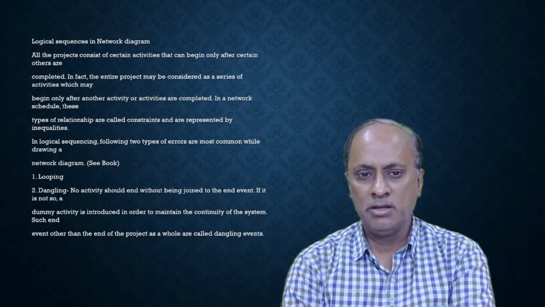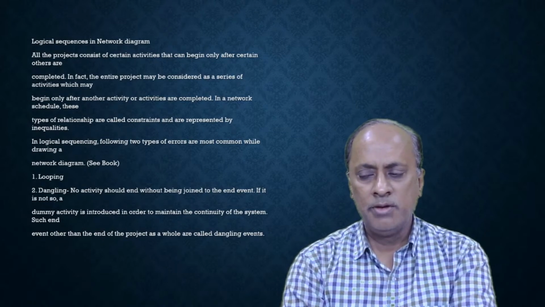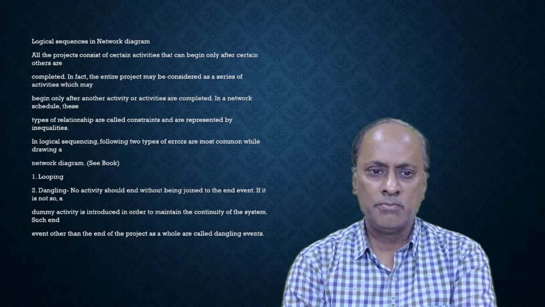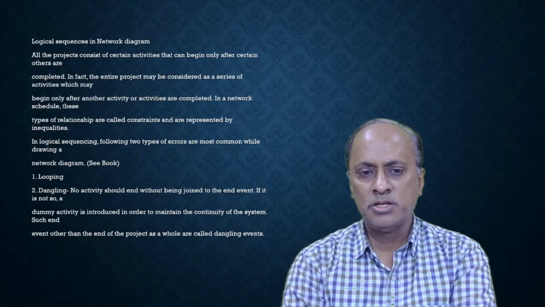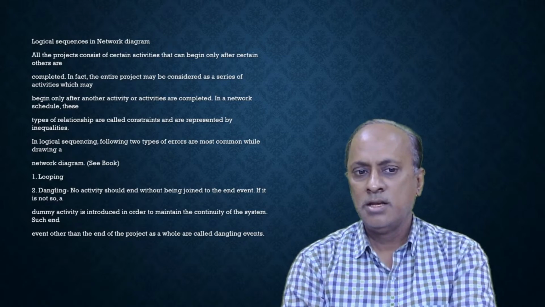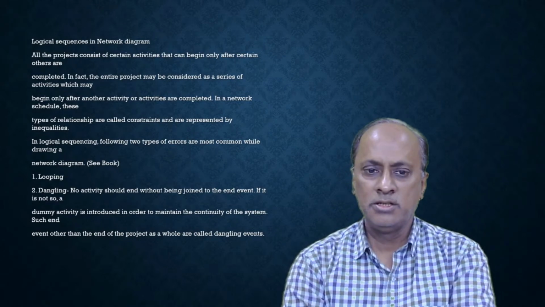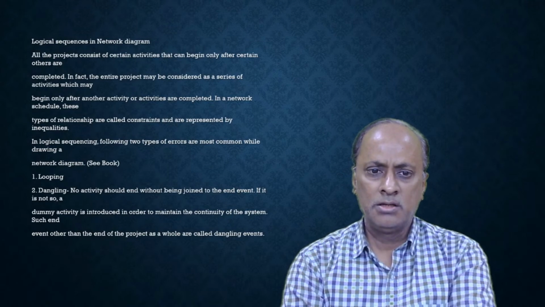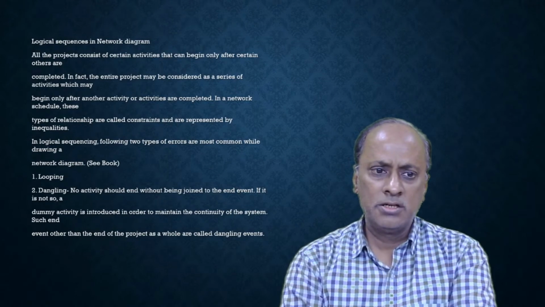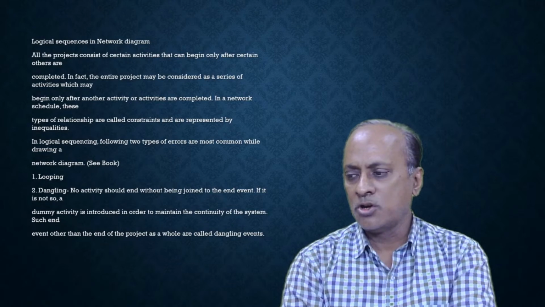In that sense, we mean that only some activities can be started after some activities are completed. A project can be considered a series of activities which may begin only after another activity or activities are completed. But in a network schedule, this type of relationship is called a constraint.